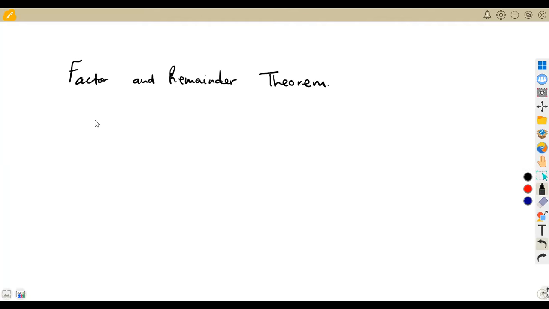So another part. Still we are talking about factors. But sometimes it might not be a factor, because there might be a remainder. Once you have a remainder, that means that particular expression is not a factor.